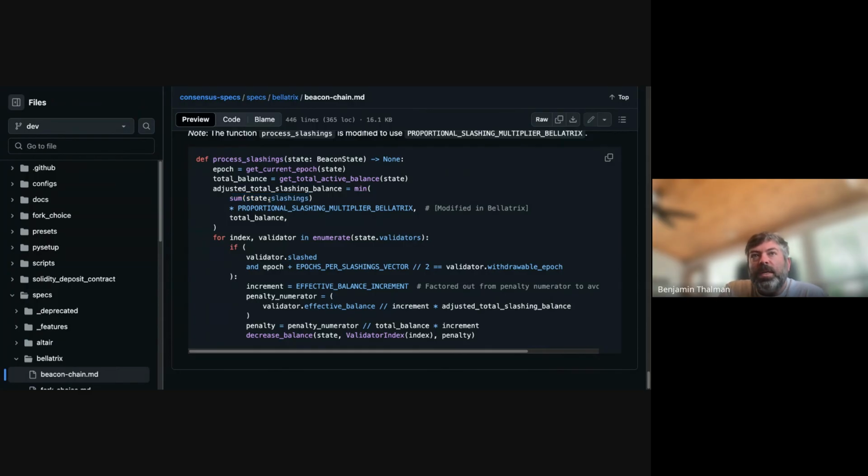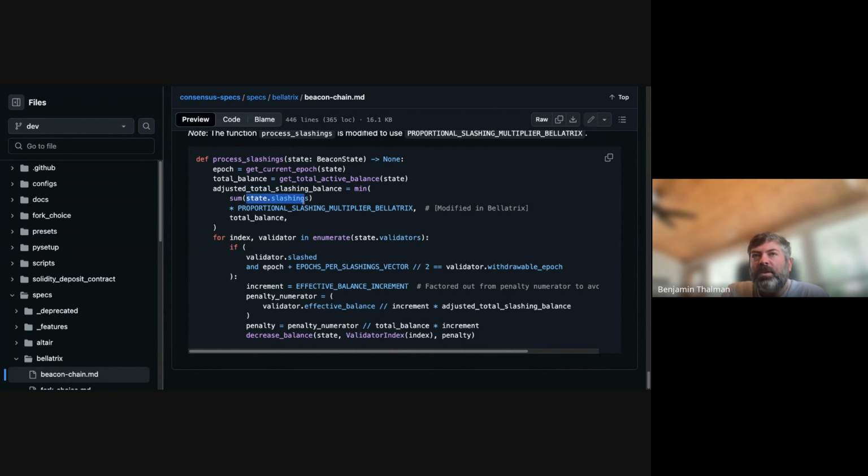So what you can do is substitute in here 175 million, and then multiply that by 3. Oh, sorry, it's not 175 million. It's 175 million times a billion, because remember, state.slashings is not in ETH, it's in Gwei. So 175,000, that's 0.5% of stake, but that's in ETH.